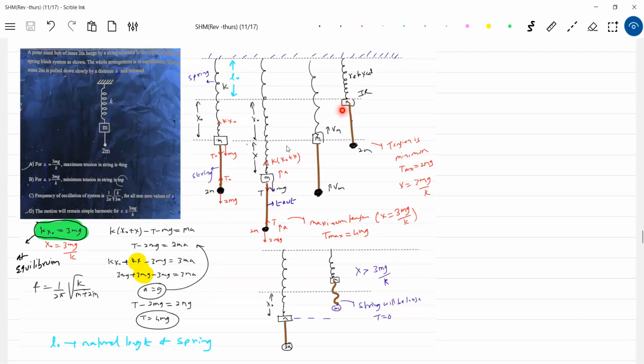If x is equal to 3mg by k, it will come to this position. So what is the state of the blocks? Instantaneous rest. And what will be the tension here? It will be 2mg, no? The tension in the string will be equal to 2mg. After this, again it will move down. So like that, it will be executing oscillation. So what is the time period of all?